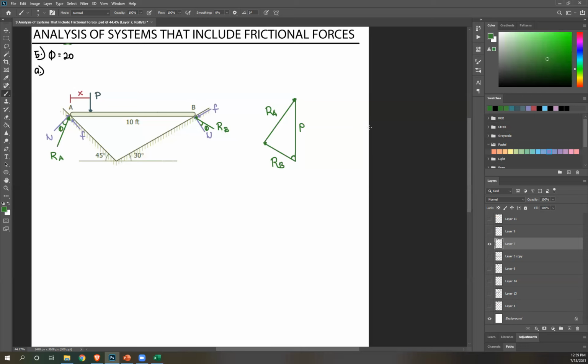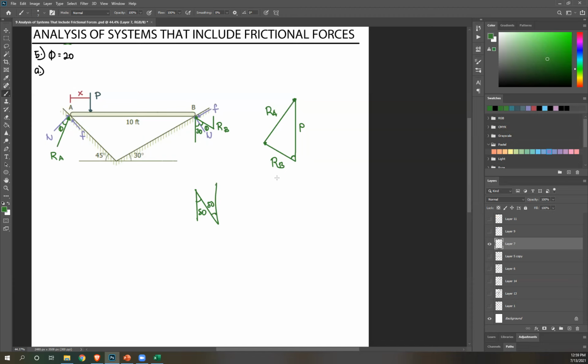So if this is 30, then if I draw a vertical line here, this is also 30, right? And this phi is equal to 20. So 30 plus 20, that's 50. And if I do it this way, if this is 50, this is also 50, because they are alternate interior angles.